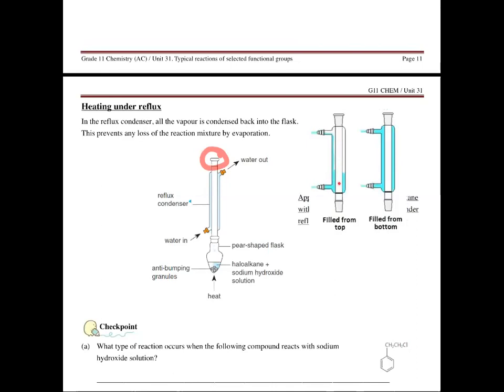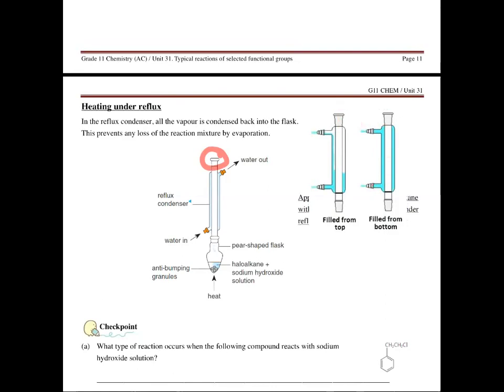So some part of the condenser would be left empty. Hence, if the haloalkane evaporates and touches this side of the condenser, it would not condense back to liquid. It would just escape the system. But if we do it the other way, if we let the water enter from the bottom and only let it leave on top, that will make sure the water fills the whole tube, the whole condenser.